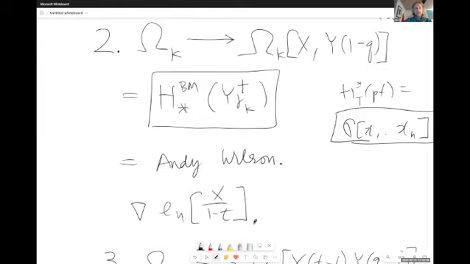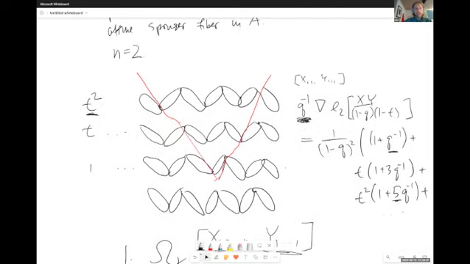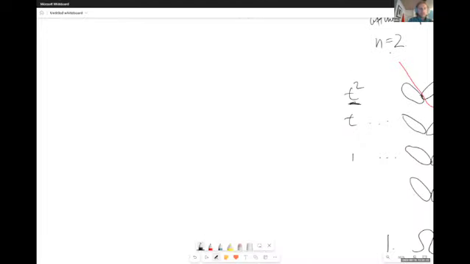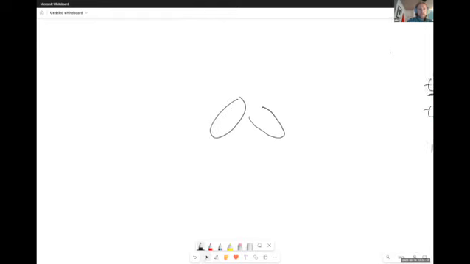What this paving does is write this space as a disjoint union of affine bundles over regular semisimple Hessenberg varieties. By affine bundle, I just mean a complex vector bundle.